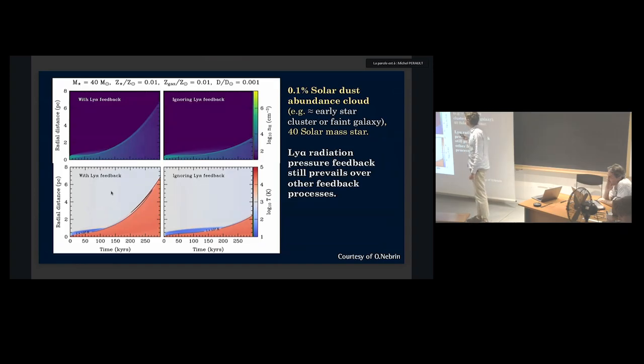For example, here it has 1% solar, and this is a case in which the HII region is expanding anyway, but if you add Lyman-alpha feedback, the expansion is much faster, and we are kind of finding what we found with the simple shell semi-analytical model. And so this can really have an impact also on star formation efficiency at high redshift.